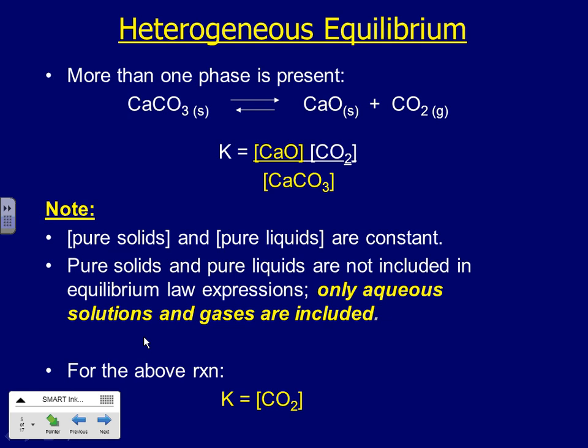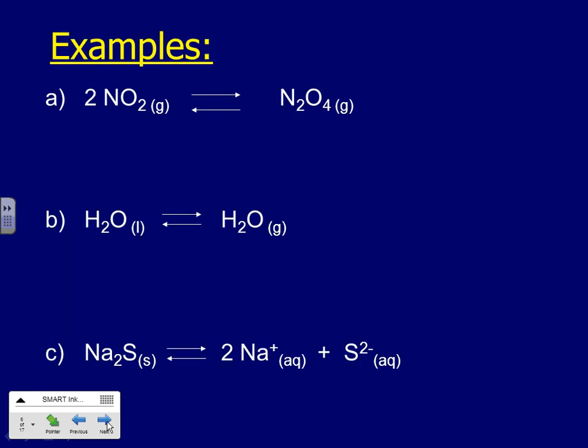And every pure solid and every pure liquid, if you were given its density, you could calculate its concentration in moles per liter, which is essentially a measure of how the molecules are packed in that solid or in that liquid. What it comes down to in our equilibrium expression is that we don't include the solids, and it's only the factors that can change in concentration, gases and aqueous solutions, that we include in the equilibrium expression.